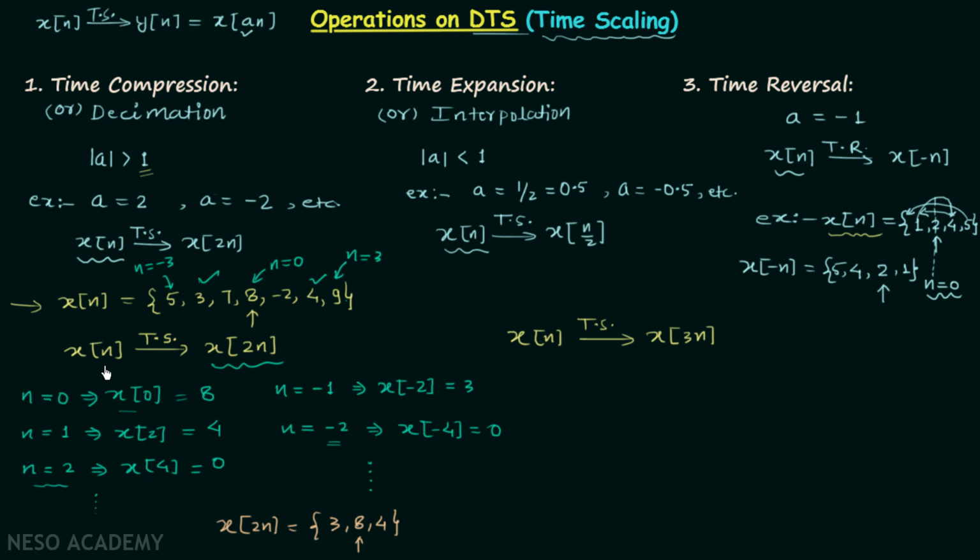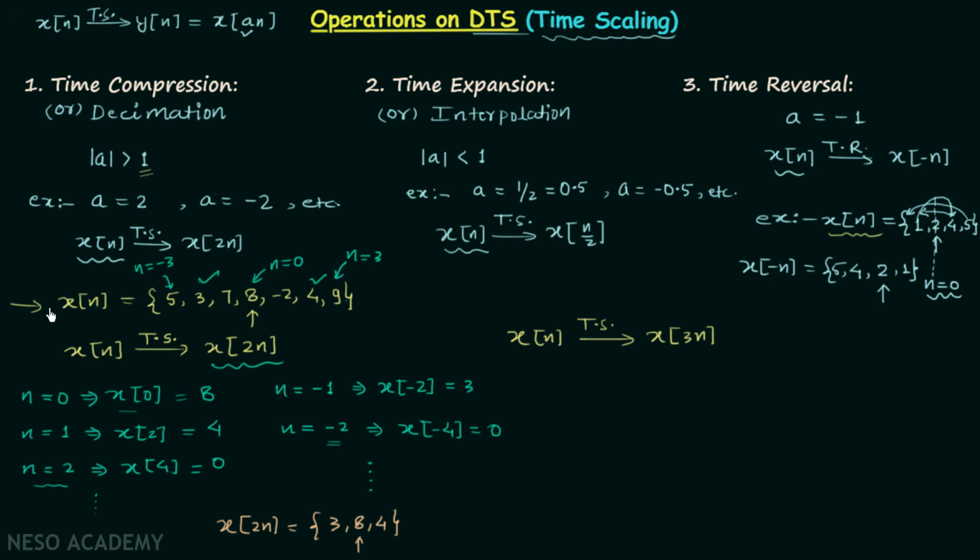In this case, we performed the time scaling and we got a signal x(2n). x(2n), after performing the calculations, we got equal to 3, 8, 4, where 8 is the value of x(2n) present at n equal to 0.